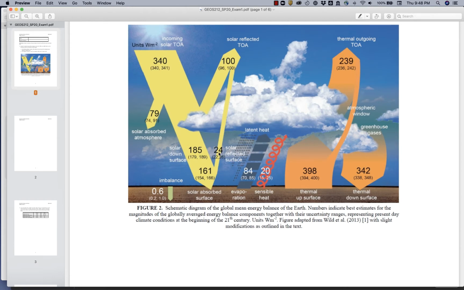We have 24 watts per square meter that is reflected back out into the atmosphere. And an important insight here is that we're further given that the net solar or net shortwave radiation at the Earth's surface is 161 watts per square meter coming in.